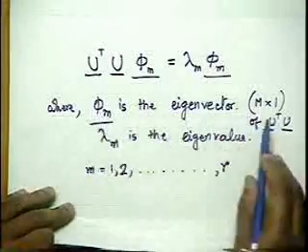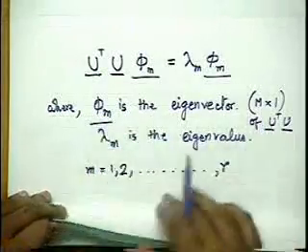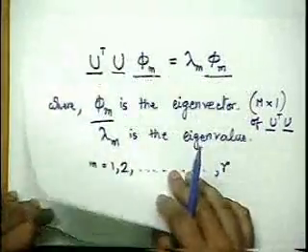Now what we are going to do, we are composing two matrices. The first matrix I am composing with these phi m eigenvectors. With these phi m eigenvectors, I am composing an eigenmatrix, and I am calling it the matrix phi.